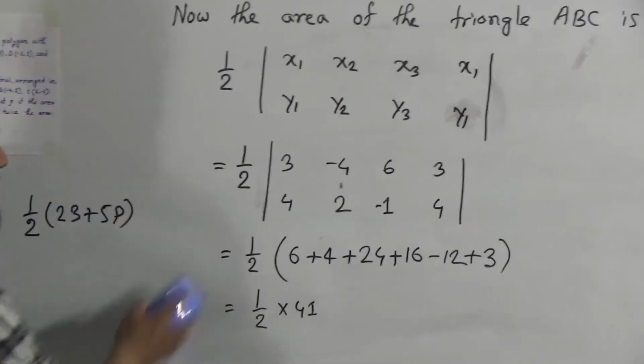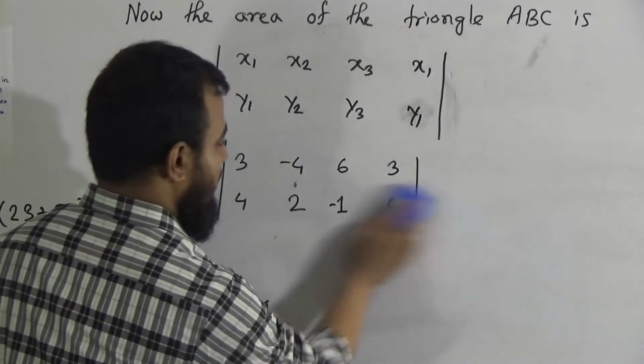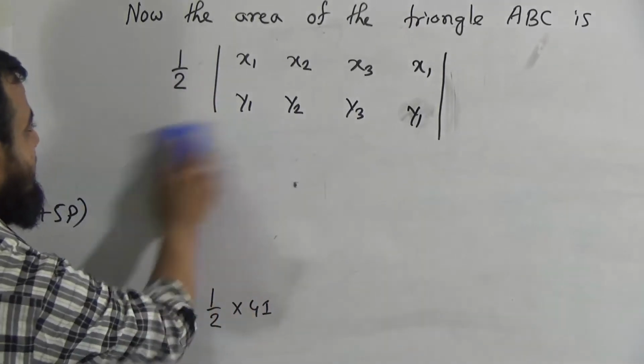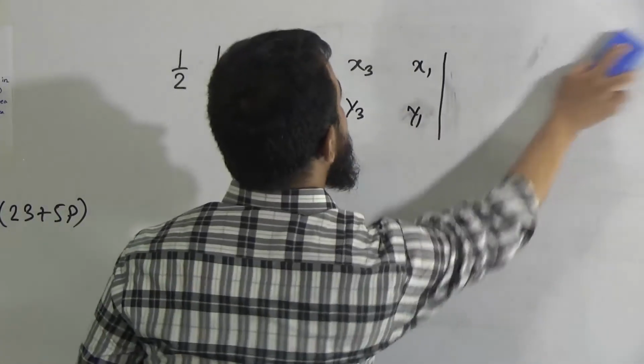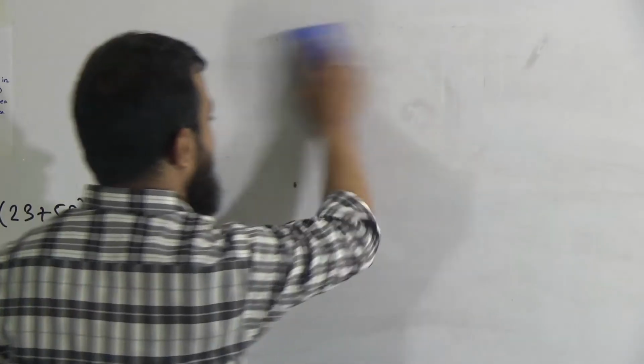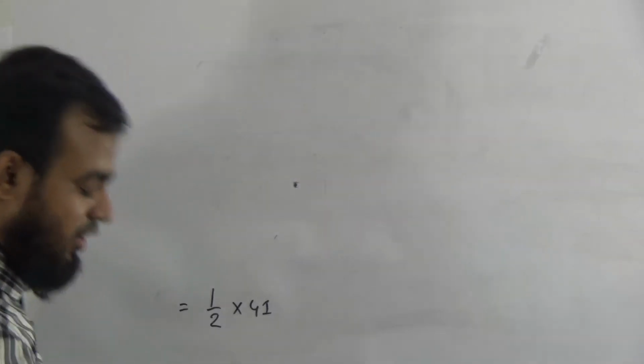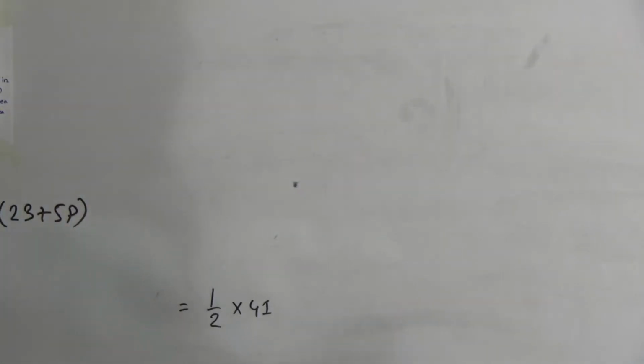From the question, the area of the quadrilateral is double the area of the triangle.